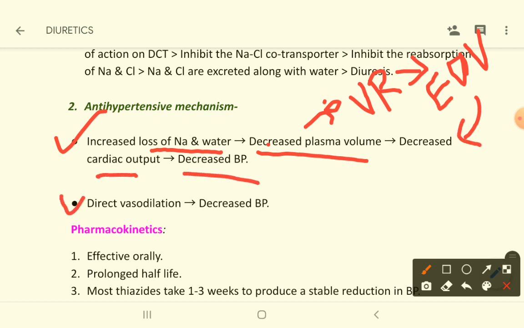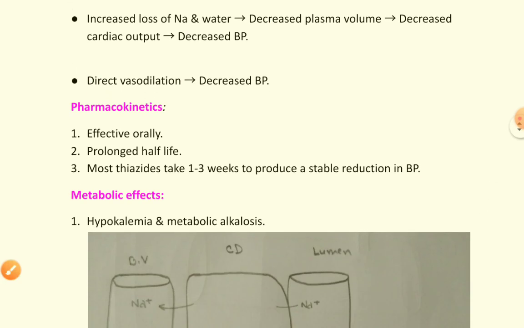There is also direct vasodilation, but how the thiazide diuretics cause direct vasodilation is still not fully understood. But they cause this, and thereby they decrease total peripheral resistance and blood pressure. Now come to the pharmacokinetics.